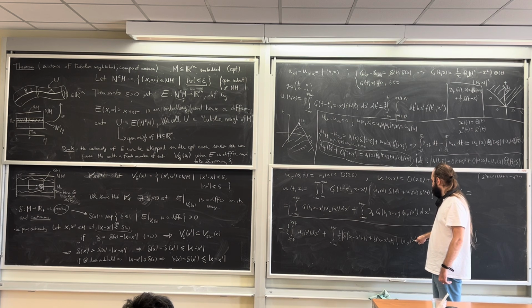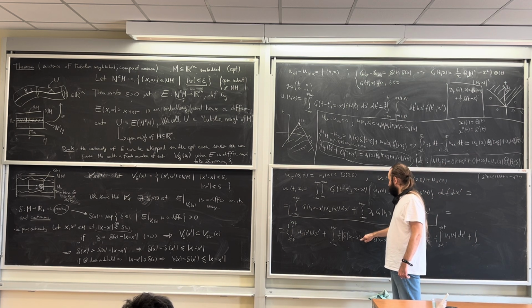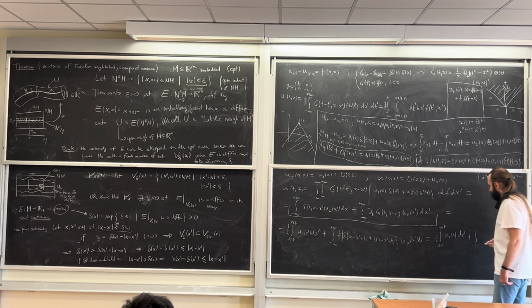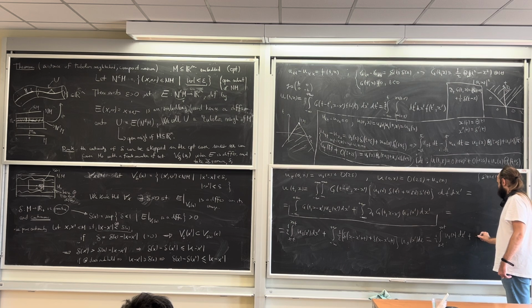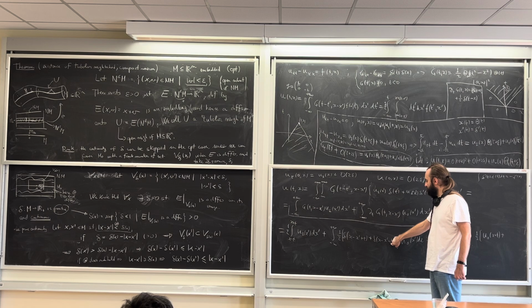So in the first term, x prime should equal x plus t, so it will give 1/2 of u0 of x plus t, and in the second term, x prime equals x minus t.